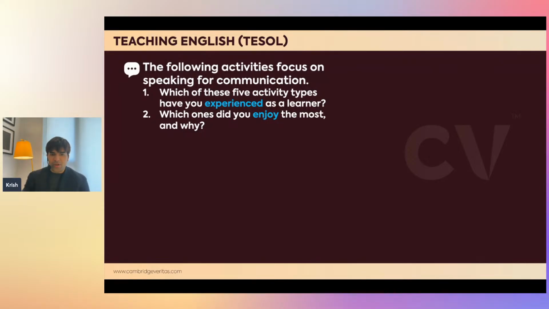Okay, so let's do a quick one. Let me see if I'm able to make a live poll in the classroom. If you're able to do it, wonderful, because then we'll be able to see the answers. Yeah, we should be able to do it.